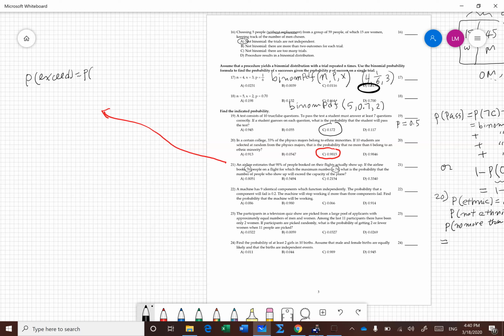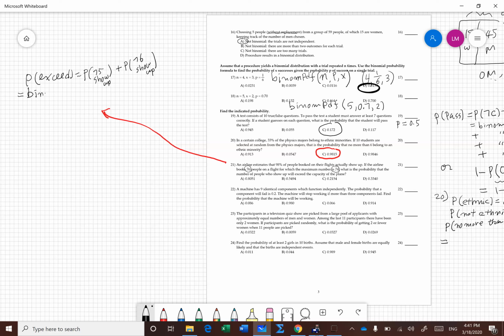If 75 show up, then they're in trouble, and also if 76, everybody, shows up, then they're in trouble. That's what exceeding means, because they only have 74 seats.